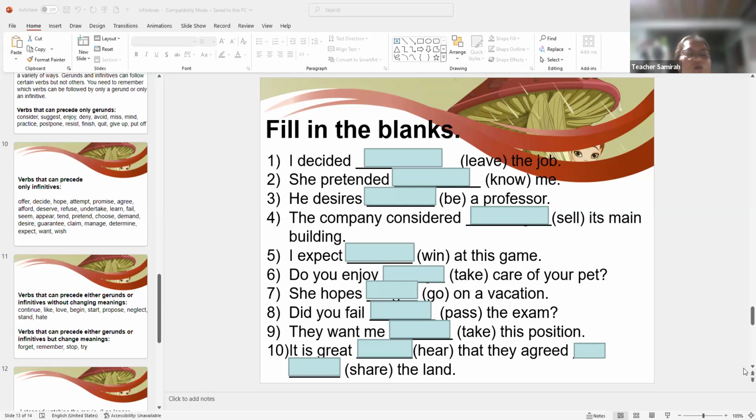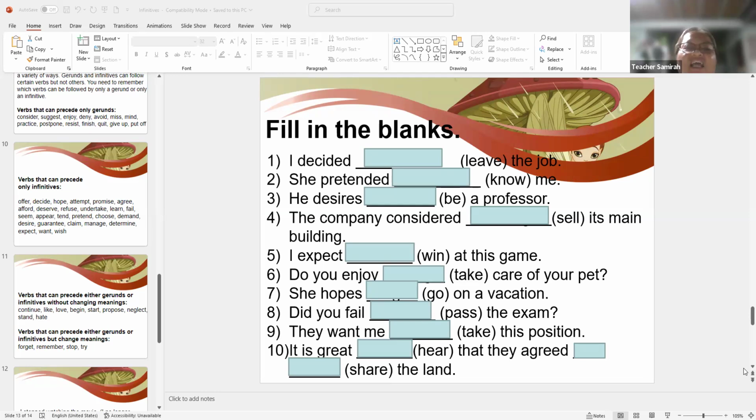Okay. Who would like to answer number one? You may check your own work, then tell me who got a perfect score or what your scores are. I decided blank, leave the job. What are we going to use here? A gerund or an infinitive? What do you think? Anyone?